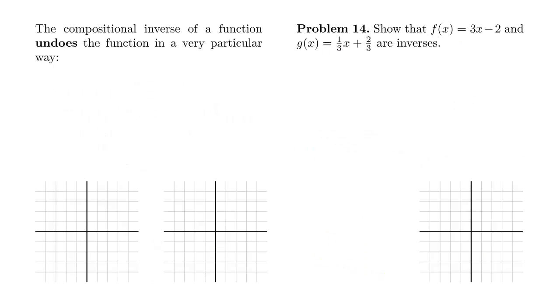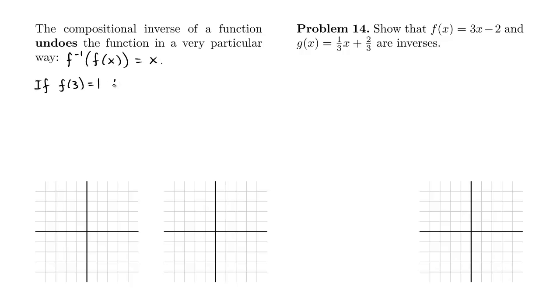Let's talk some more about how the inverse of f undoes what f does. We know from the definition of the compositional inverse that f inverse of f of x equals x. For example, f inverse of f of 2 is 2, and f inverse of f of 3 is 3. Let's suppose that f of 3 equals 1.